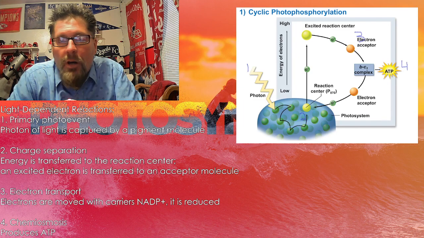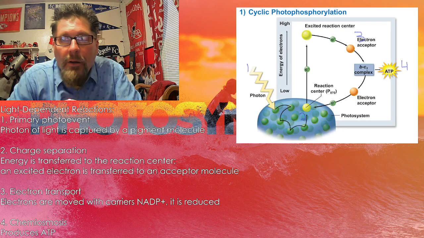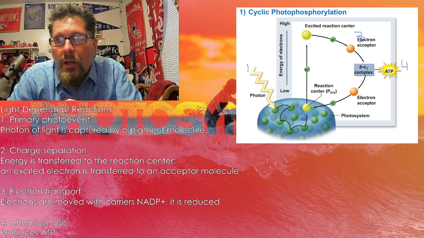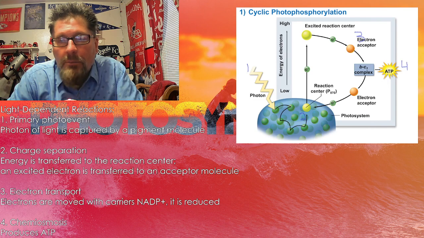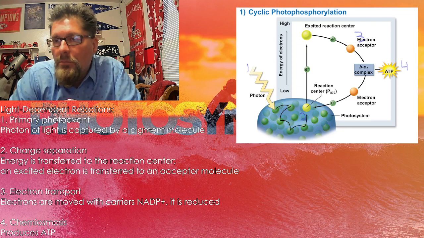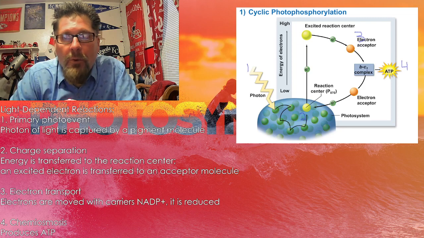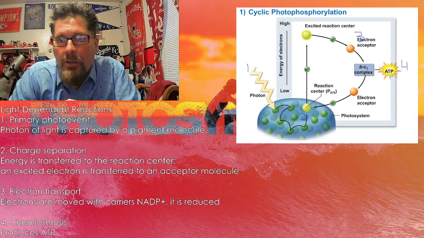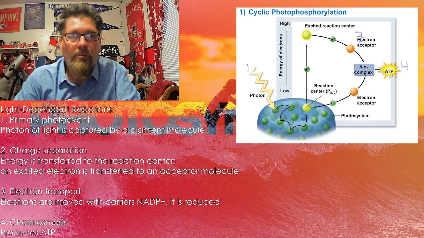Then the electron, once it gets energized enough, shoots out of the photosystem and then gets accepted by some sort of carrier. Okay, and then we go through the process. We get to the chemiosmosis part, where an ATP molecule is made, for part 4.